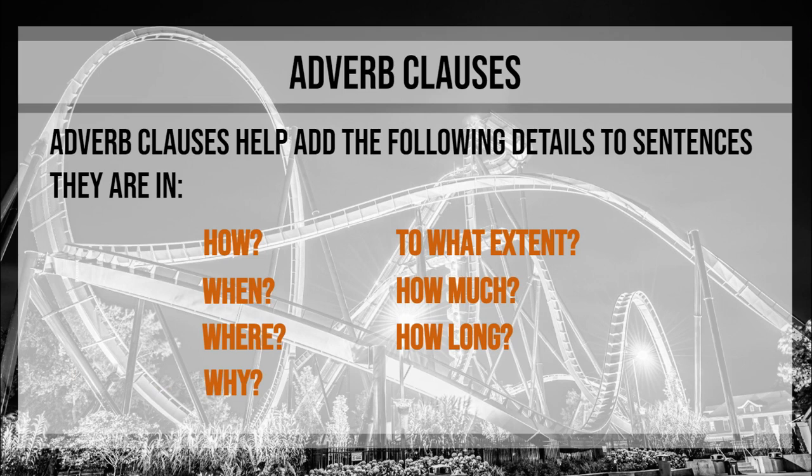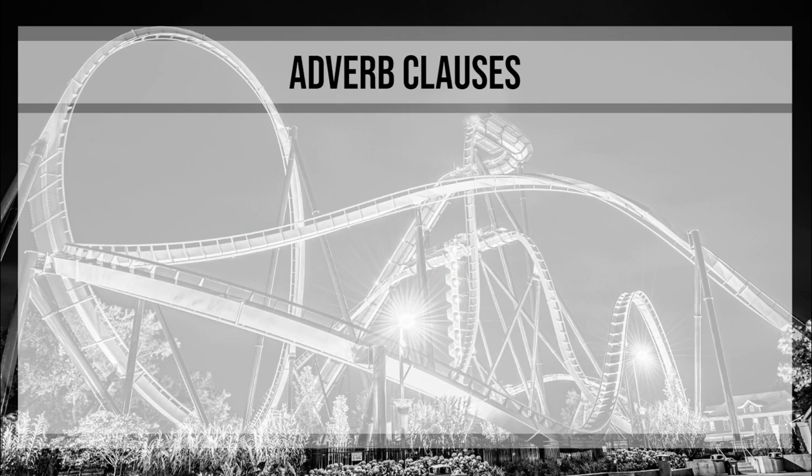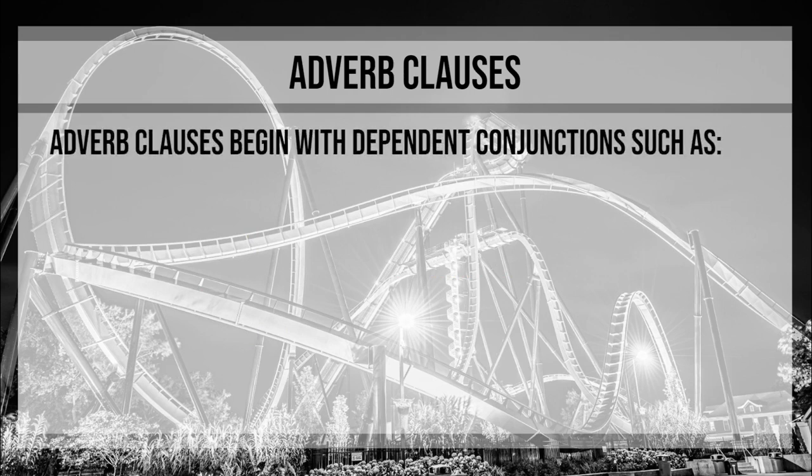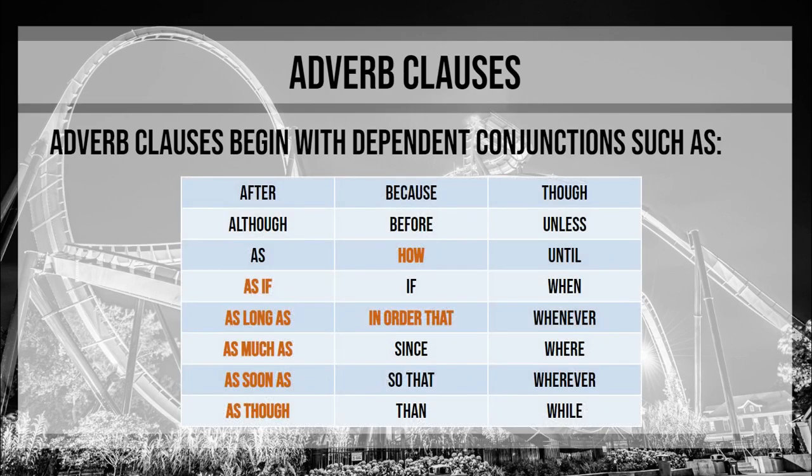You can find an adverb clause typically by using the same conjunctions that we had on the front of our previous packet. And this list should look familiar. There might be a couple here that you don't have on the other chart, and this would be a good place to pause and to add those to your conjunction list so that you have an even more complete list of conjunctions to identify where clauses are.